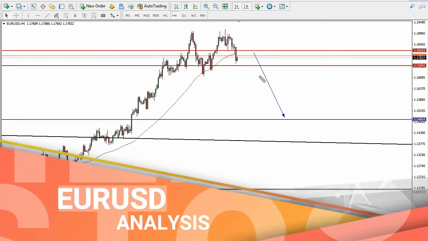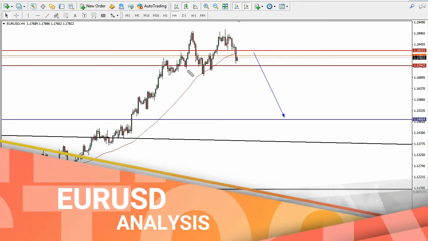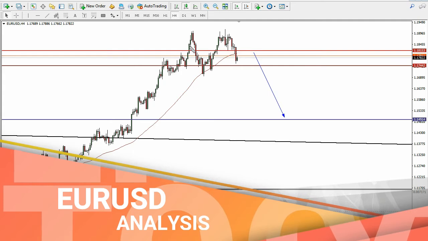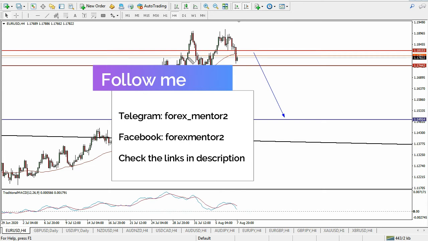So this is the Euro USD. As I told you last week, this is the strong resistance zone, and the price was stuck in between the strong resistance zone.